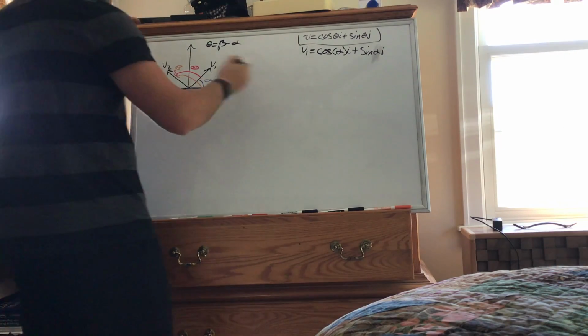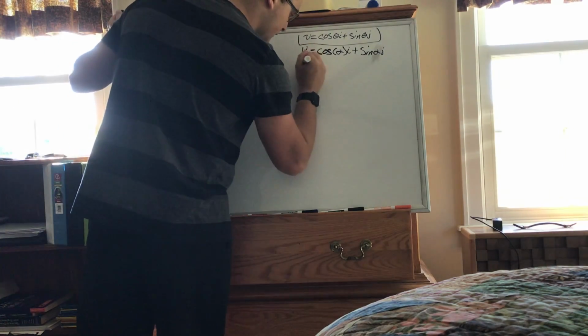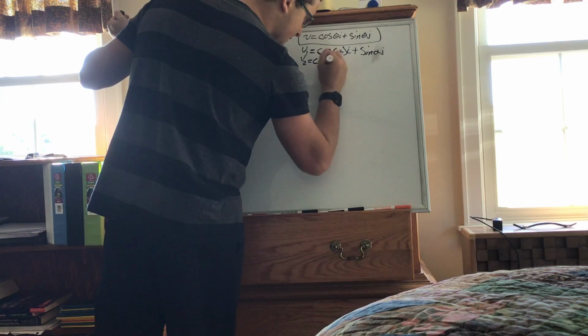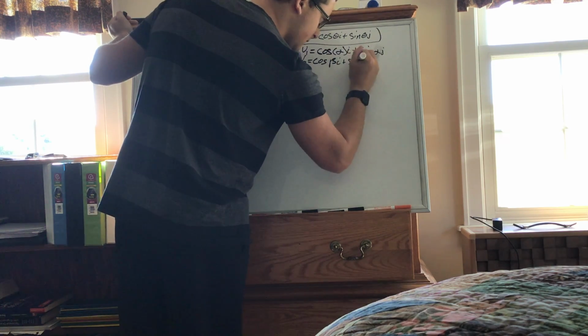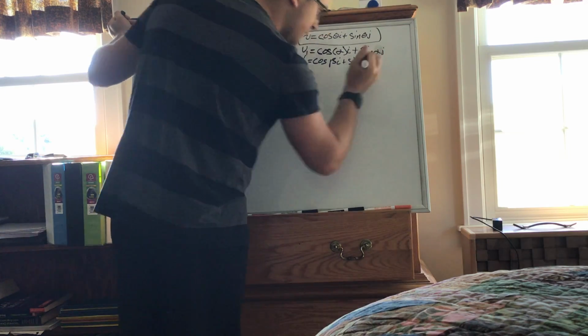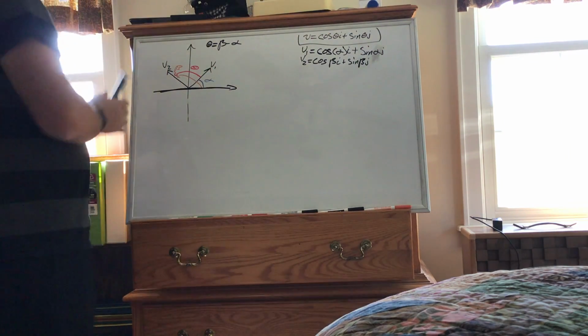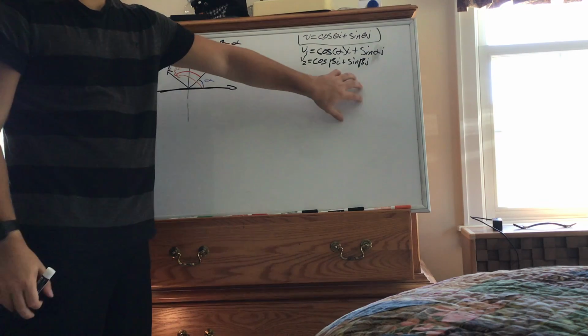There's our v1, and then v2 is going to be the same thing except with beta. So we have our two formulas here.